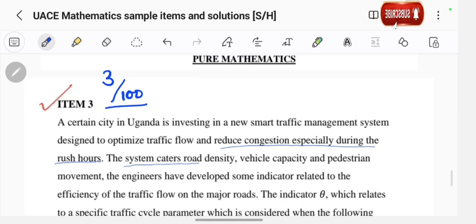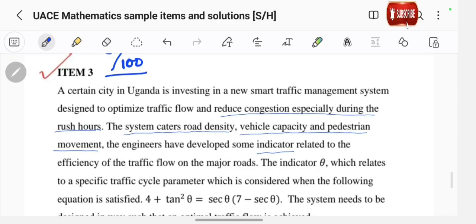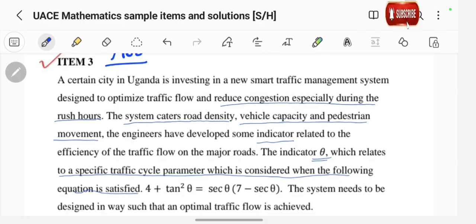The system caters for road density, vehicle capacity, and pedestrian movement. The engineers have developed some indicator related to the efficiency of the traffic flow on the major roads. The indicator is theta, which relates to a specific traffic cycle parameter, which is considered when the following equation is satisfied.